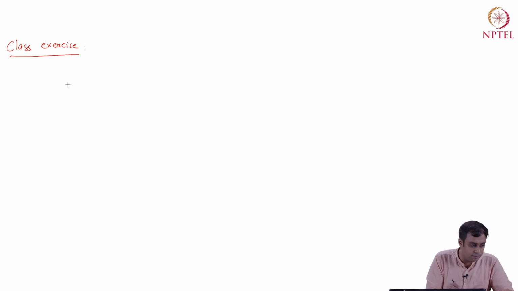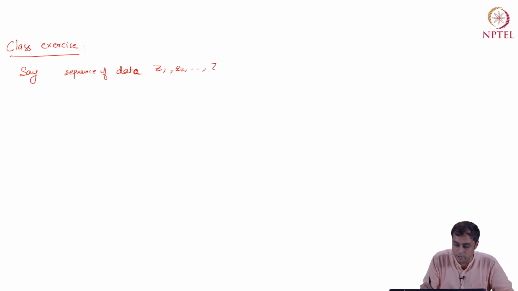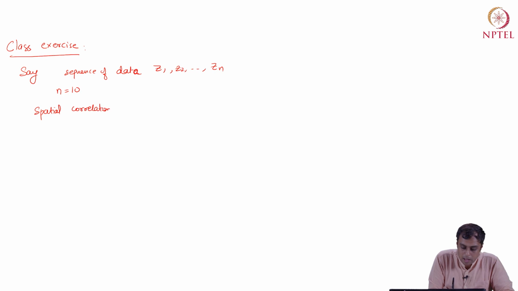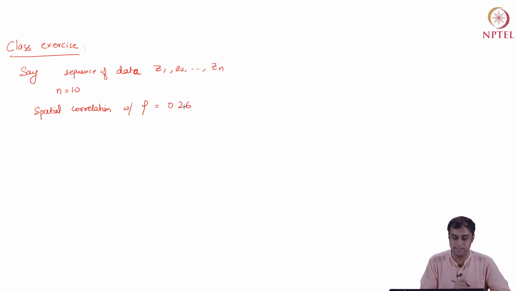So say you have a sequence of data Z1, Z2 all the way to Zn, where n is given as 10, and there is spatial autocorrelation with the same structure as our example in this class, but with rho given as 0.26.